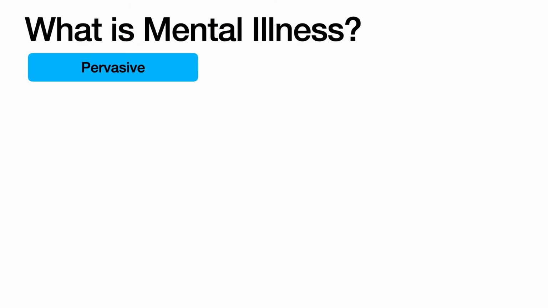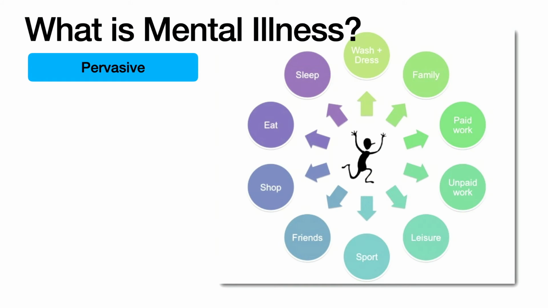When we look at the word pervasive, when we're looking at mental illness and its impact on function, mental illnesses have a tendency to disrupt or interfere with nearly all of somebody's function. They're so persistent, so chronic, so severe that they interfere with many, if not all, aspects of their functioning.